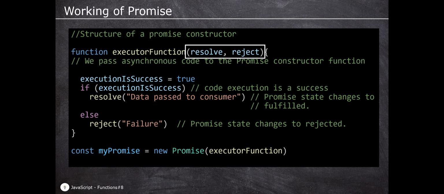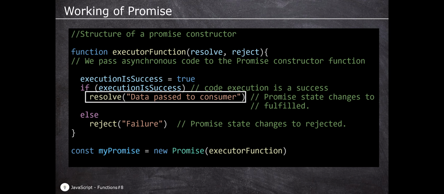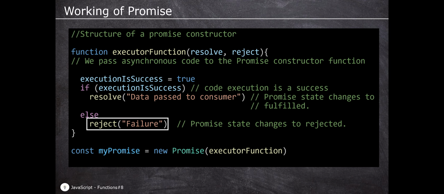The executor function should accept 2 arguments. These arguments are again callbacks that JavaScript provides. The names are resolve and reject, and these 2 are conventions as well. You can give any name to these functions. Once the asynchronous code completes its execution, the executor function must call resolve when the execution succeeds or call reject when it fails.